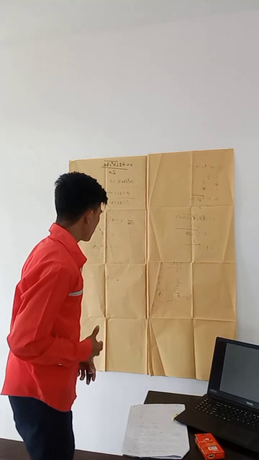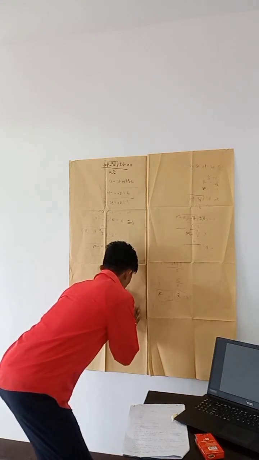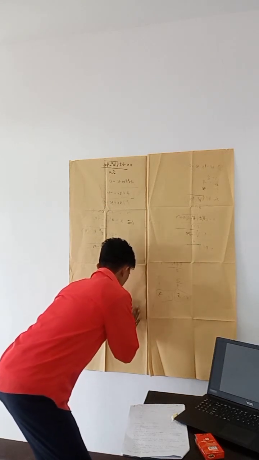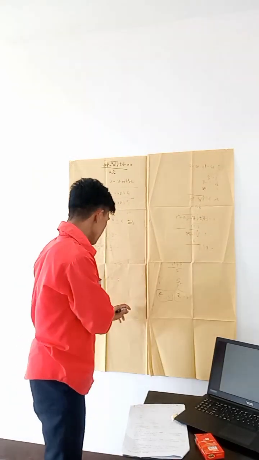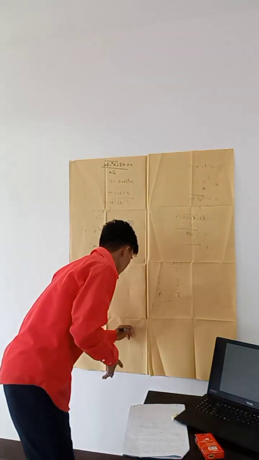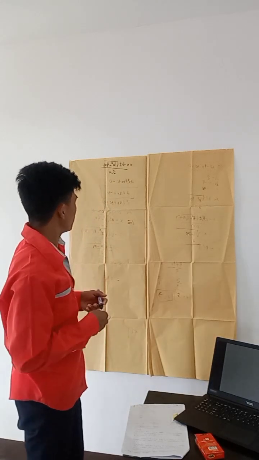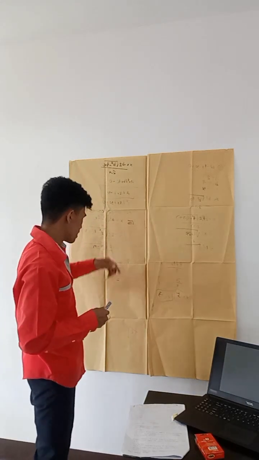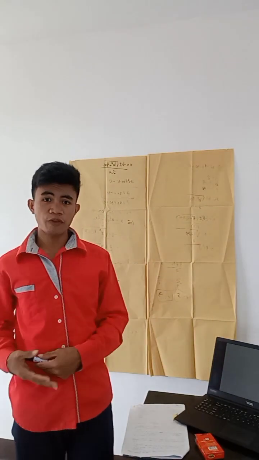Then the second value of x is negative 12 minus 4, which is equal to negative 16 over 2, which is equal to negative 8. Very good, class. The values of x in the given equation are negative 4 and negative 8. Okay, that's all for today.